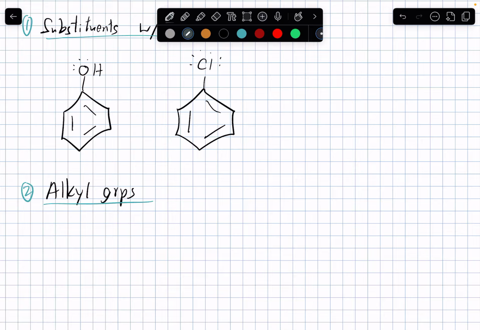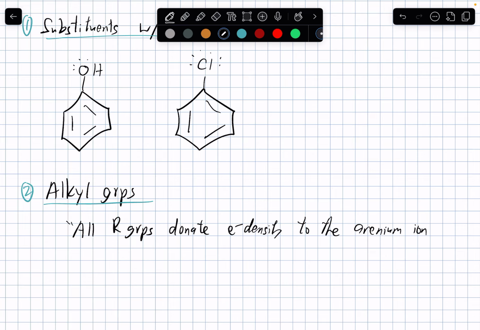Just think that all R groups donate electron density to an arenium ion. Okay? An R group, like I said earlier, is an ortho para director, for as long as this R group is an alkyl group. Okay?